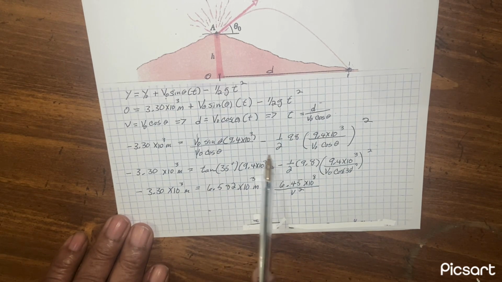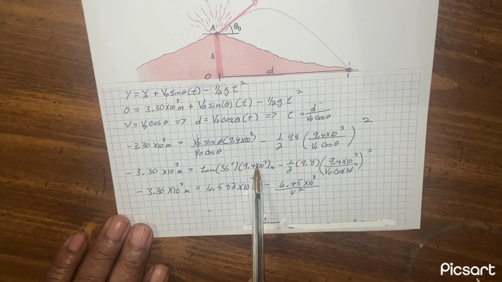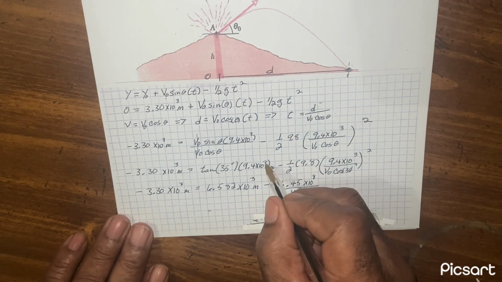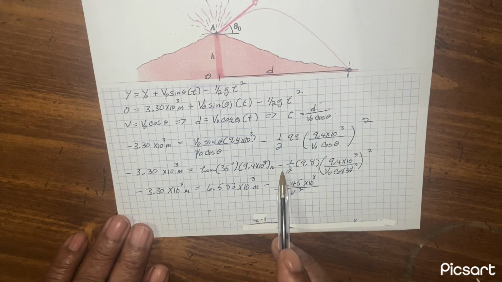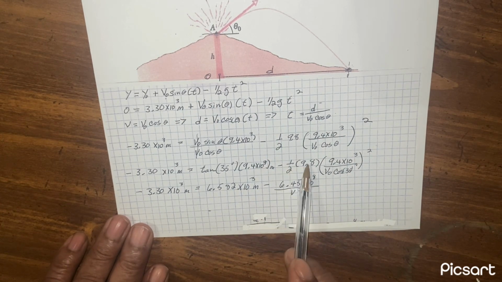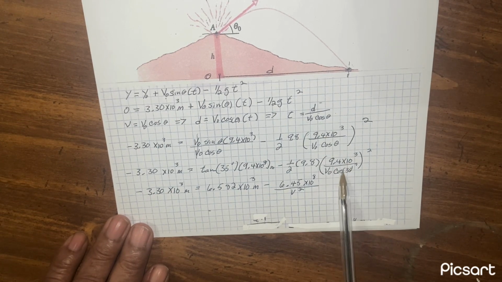That's this portion right here, tangent 35 times 9.4 times 10 to the third, minus this section here, which is 1/2 times gravity times this expression, d over v sub o cosine theta, squared.